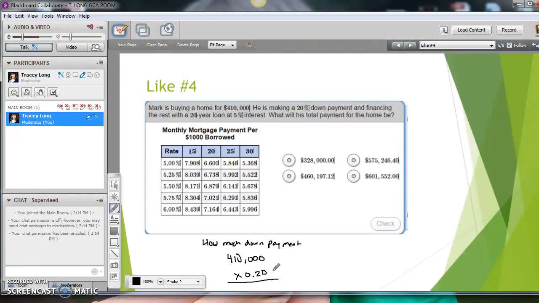Okay, so I'm going to put that in my calculator, 410,000 times 0.2, and I find that he had a down payment of $82,000.